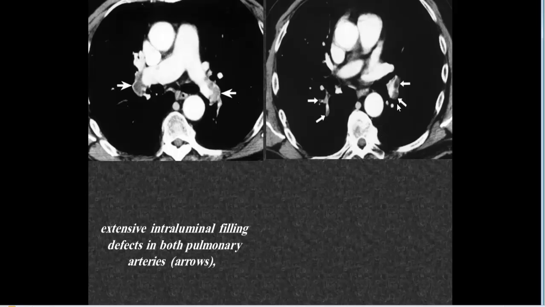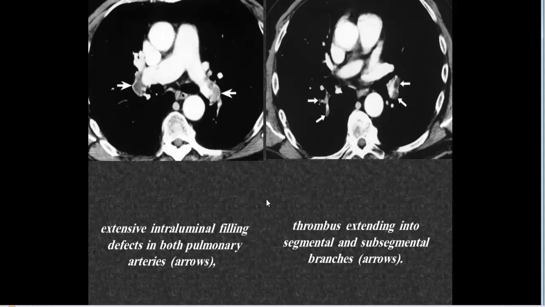We see here the left segmental pulmonary artery and the right lower lobe segmental pulmonary arteries, with thrombus extending into segmental and subsegmental branches. We see areas of filling defect, low attenuation, non-enhanced, intraluminal filling defect. This is pulmonary embolism.